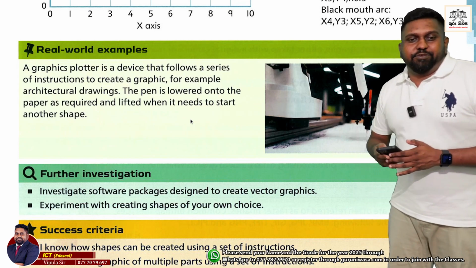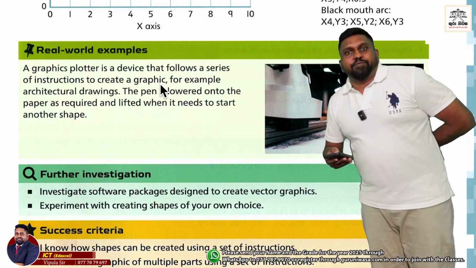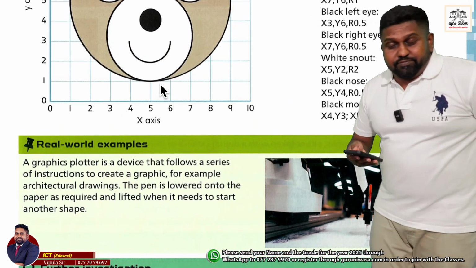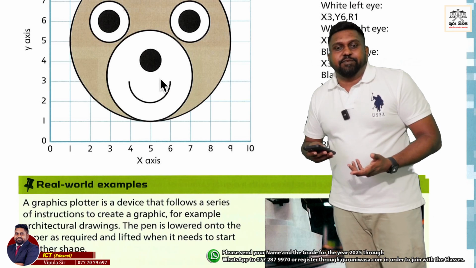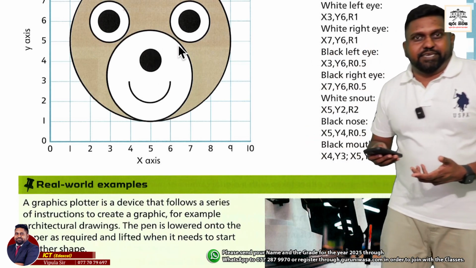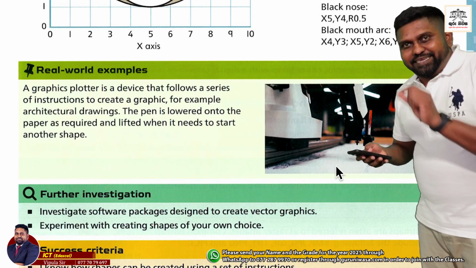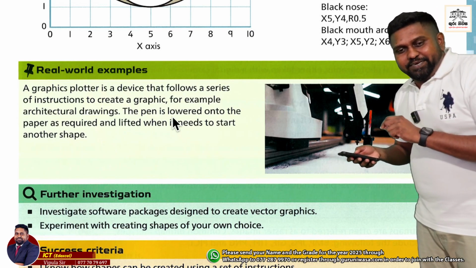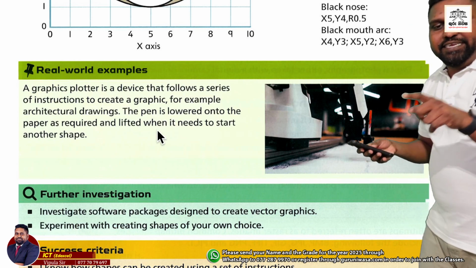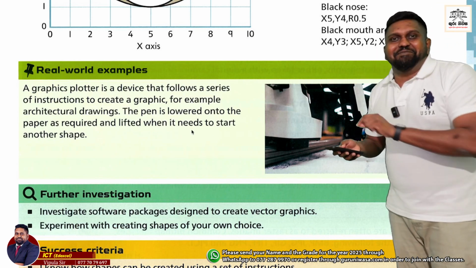Okay, so a plotter is similar to printing, sorry, let me rephrase. The printing process of a plotter is similar to getting these XYZ coordinates. It basically has a pen, like a real pen, and the pen is loaded onto the paper and it will follow the same XYZ coordinates and draw it.